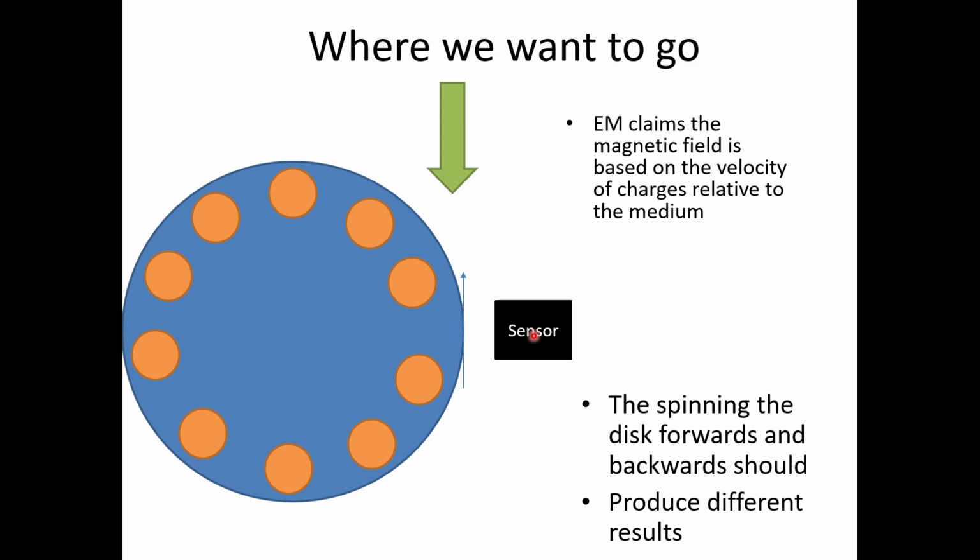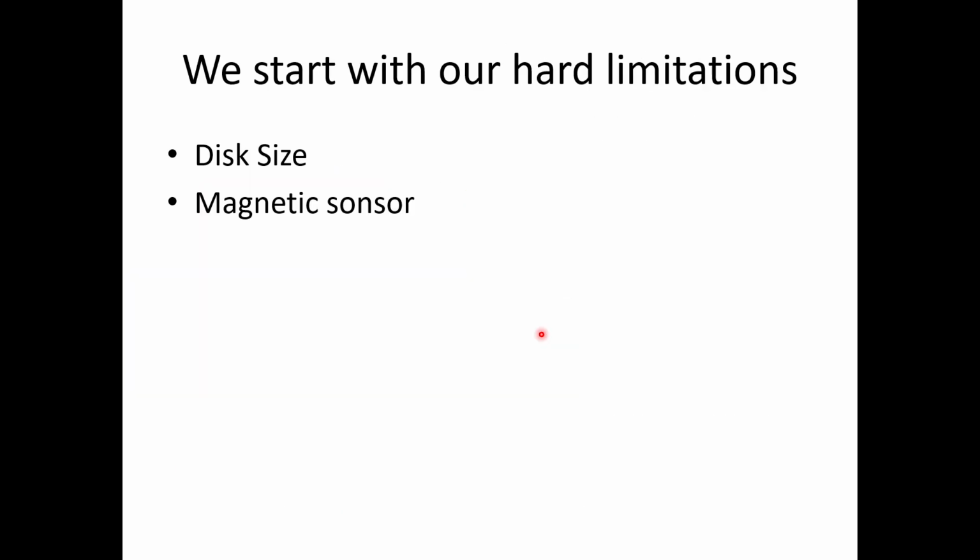Let's do a back of the napkin calculation and see how big a wheel we need, how fast it has to spin, and what kind of sensor we need to make a realistic measurement of this effect. We're going to start with the hard limitations: the size of the disc we're going to produce and the magnetic sensor.